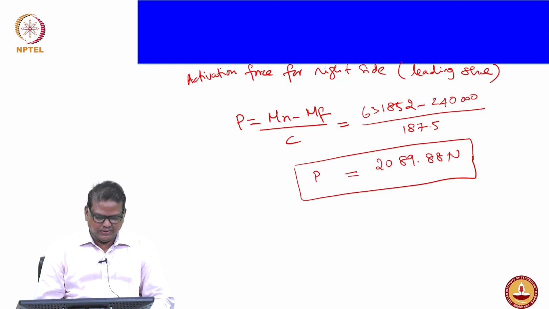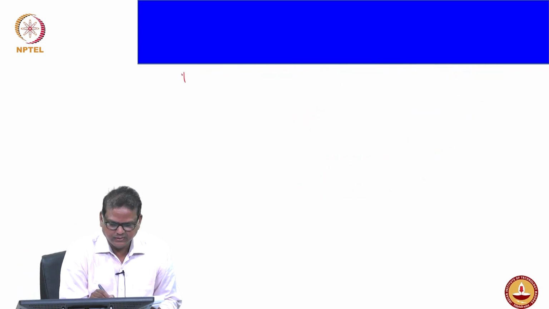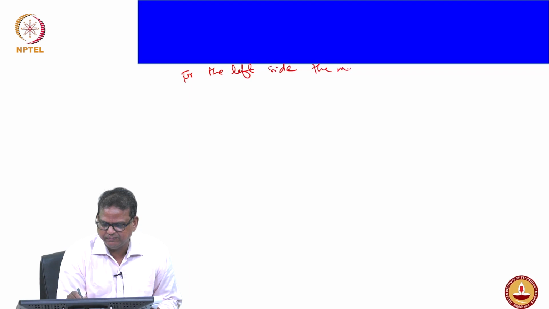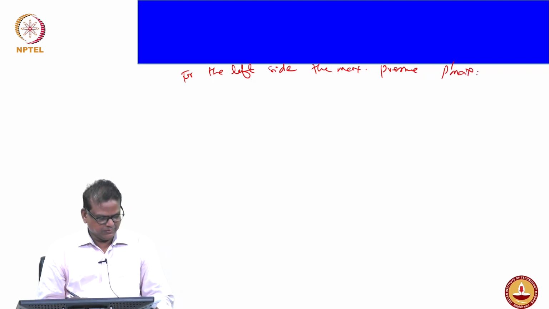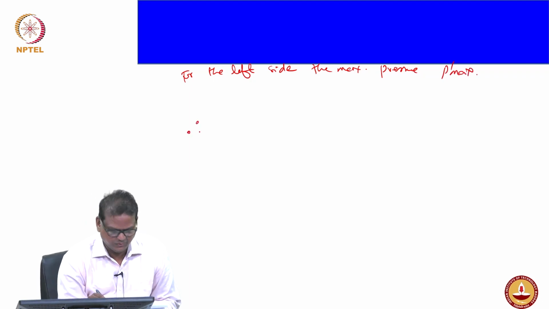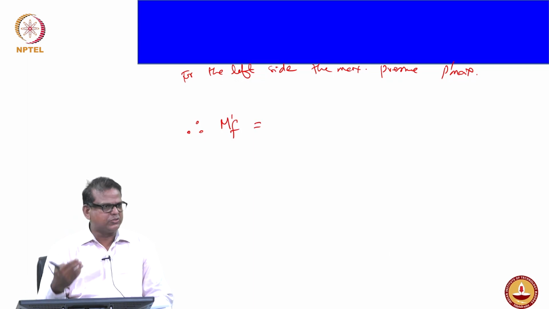For the left hand shoe, the maximum intensity pressure we will take as another P max, as a different shoe. For the left side shoe, the maximum pressure is different, and we take it as P max dash. Therefore, MF dash will be proportional to the force you are expecting.